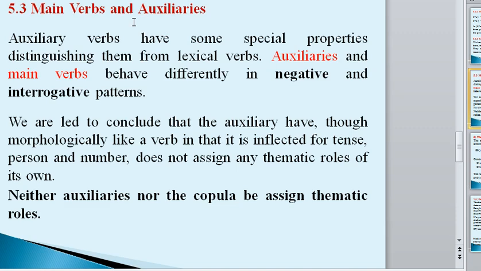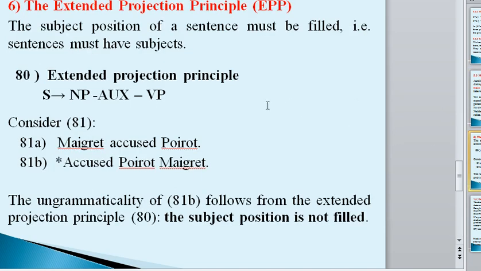The other differences, for example, are the behavior in negative and interrogative sentences. But the main point is that just main verbs can assign thematic roles like agent, patient, theme to their arguments, but auxiliaries cannot. So this is the main difference between auxiliaries and main verbs.